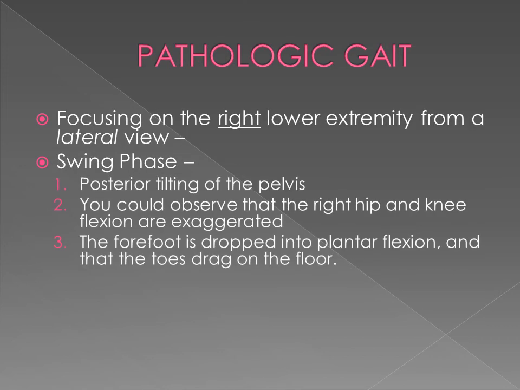In the presence of pathologic conditions, you could observe a posterior tilting of the pelvis. You could observe that the right hip and right knee flexion could be exaggerated. You could see that the forefoot is dropped into plantar flexion and that the toes drag on the floor.